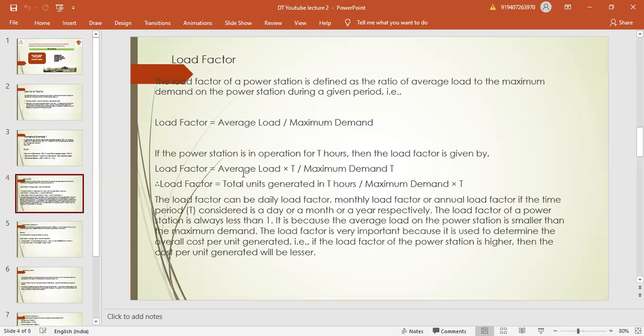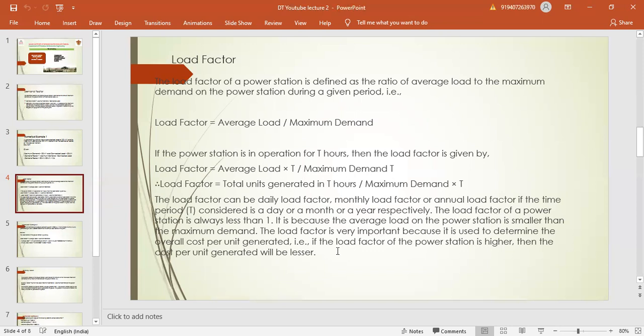If a power station is in operation for T hours, say 4 hours or 6 hours, then load factor equals average load multiplied by T, divided by maximum demand multiplied by T. Therefore, load factor equals total units generated in T hours divided by maximum demand multiplied by T hours.